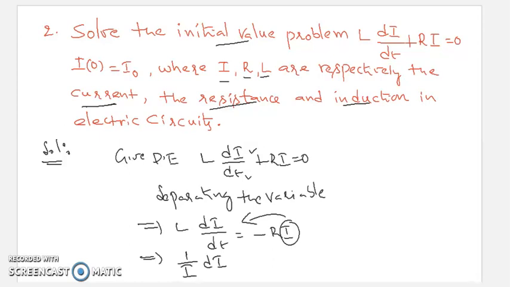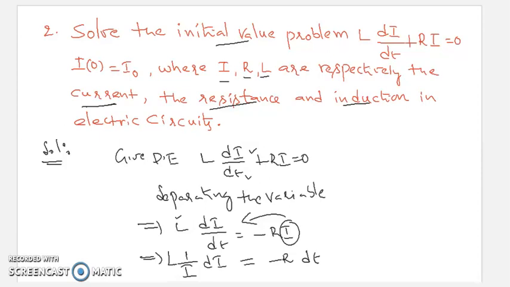L is already here, so we write it as it is: L times 1 by I di is equal to minus R, and dt can be transferred to the right hand side.